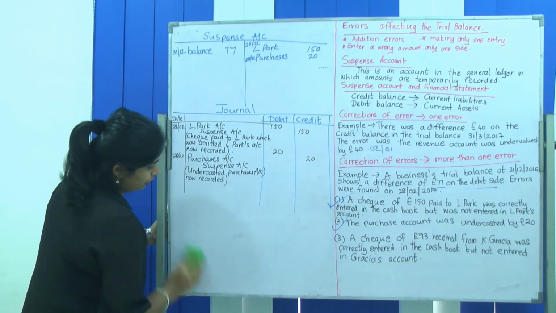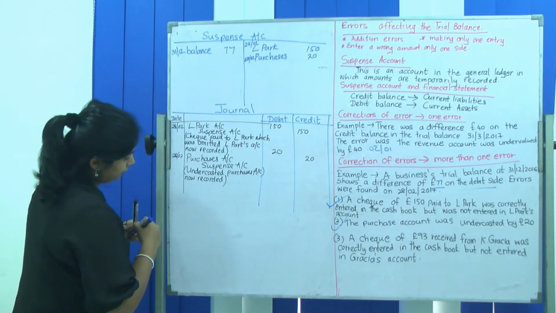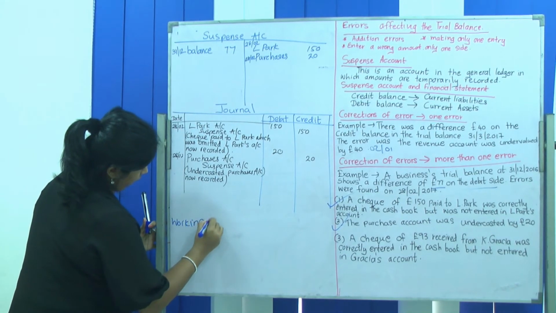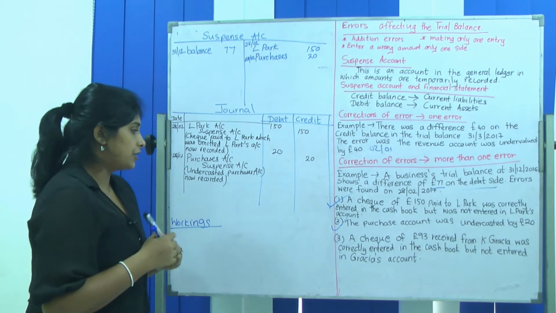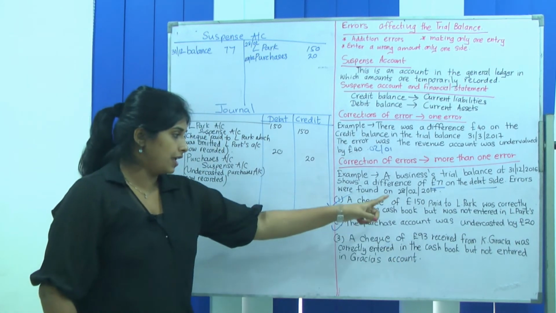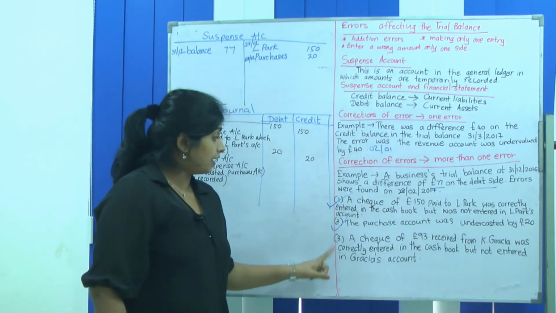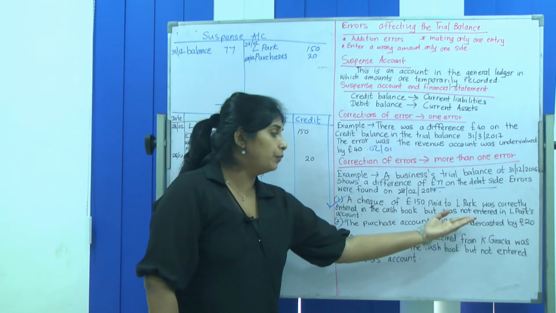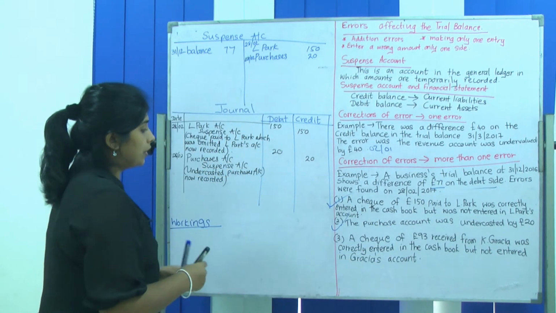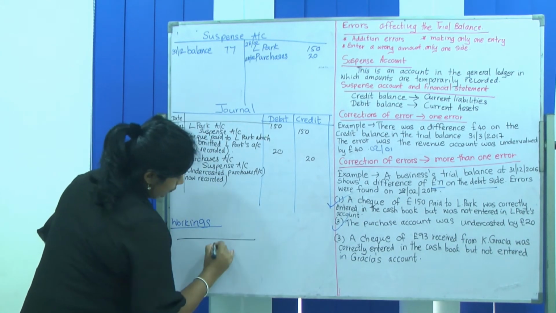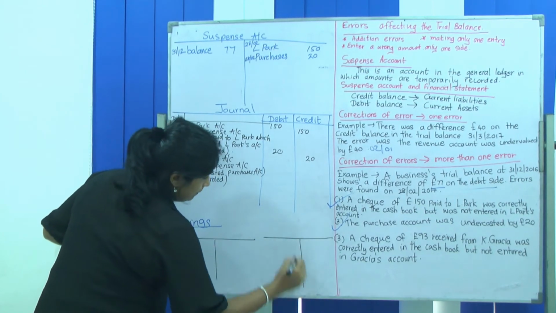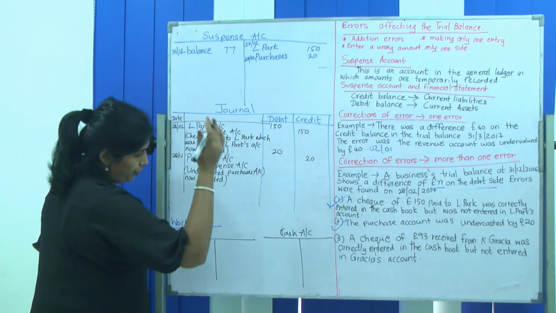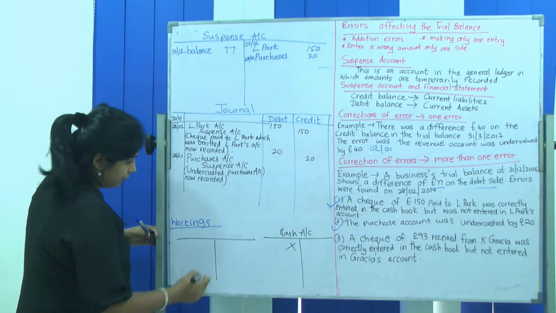Now we'll see how to correct the last error. A check of 93 pounds received from K. Krasia was correctly entered in the cash book. So there is no error in the cash book, but the bookkeeper has forgotten to record it in Krasia's account. Normally when you receive a check, we record it in the cash account, cash goes up, so it will be debited to the cash account.